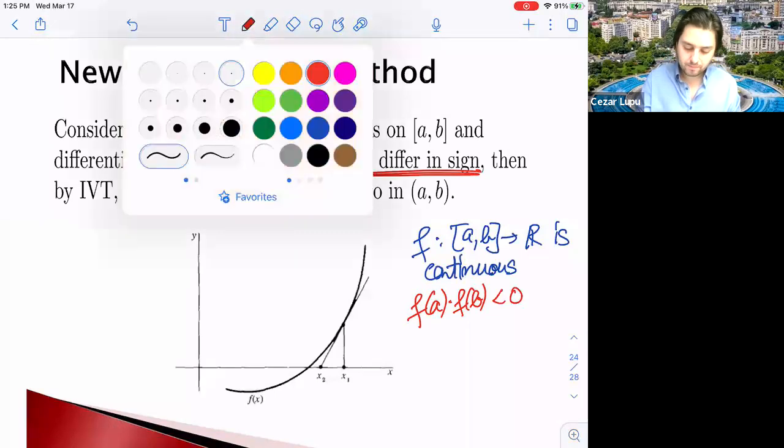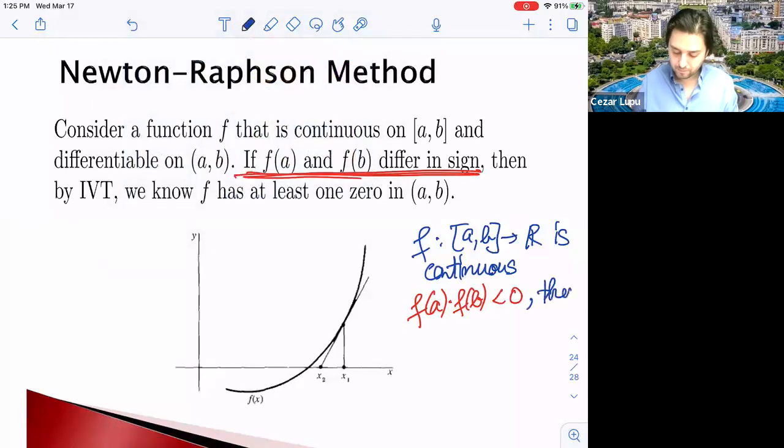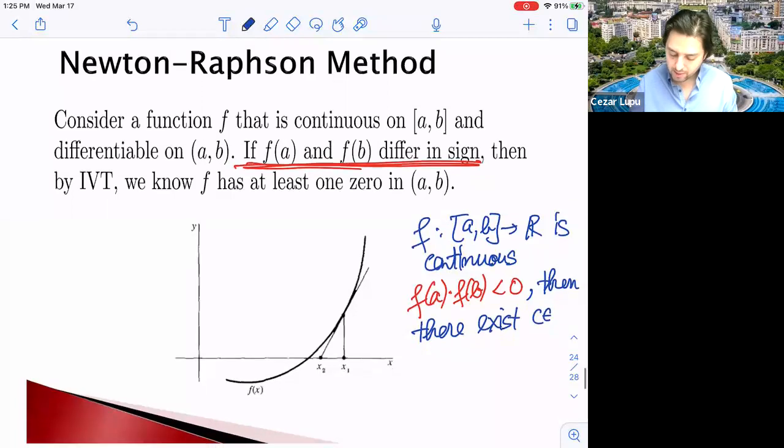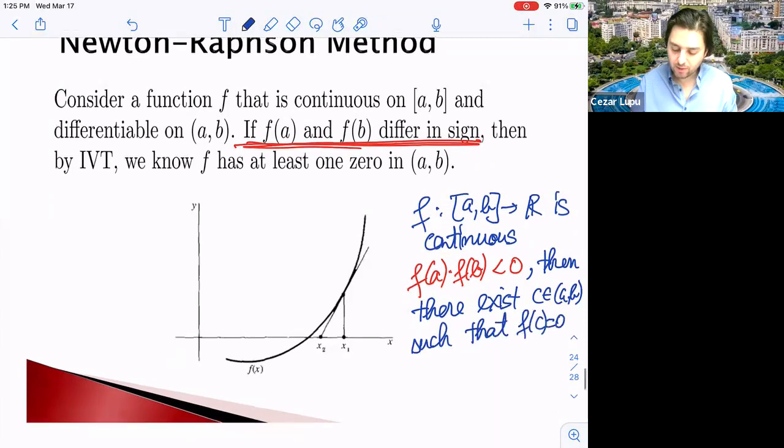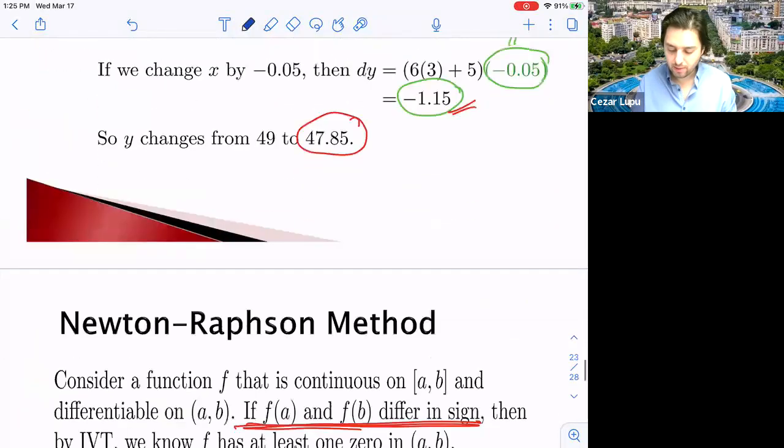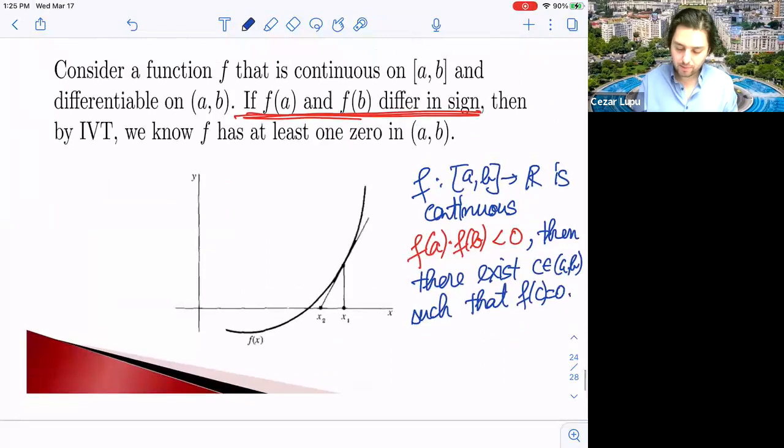Then there exists a number c in the interval (a, b) such that f of c is zero. So that's the intermediate value property.